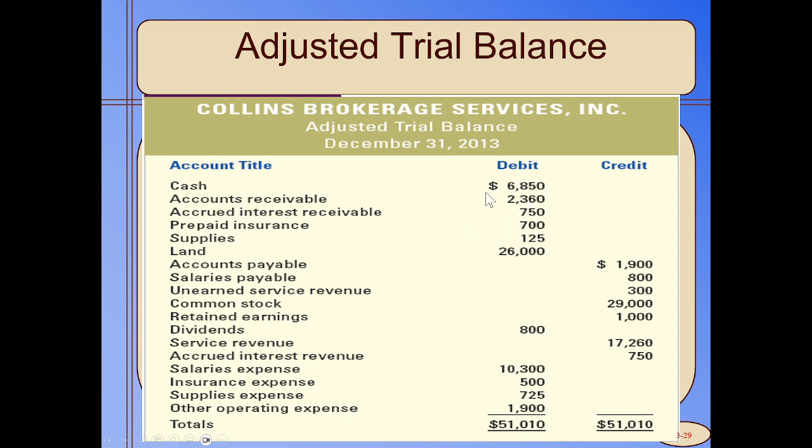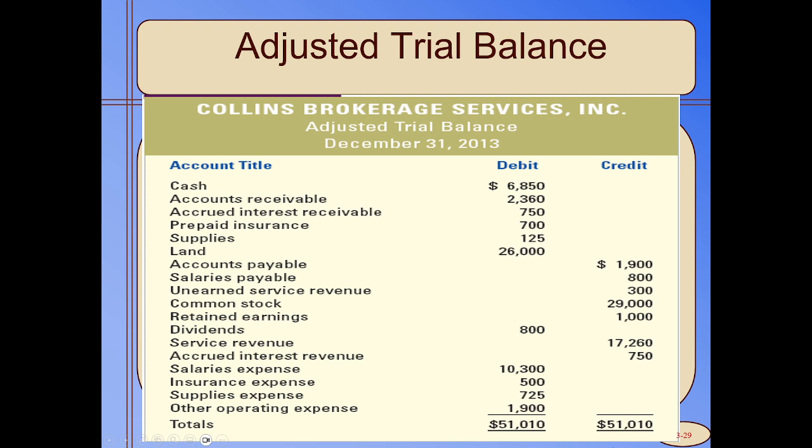A trial balance lists every ledger account and its balance. Debit balances are listed in one column and credit balances are listed in an adjacent column. The columns are totaled and the totals are compared.